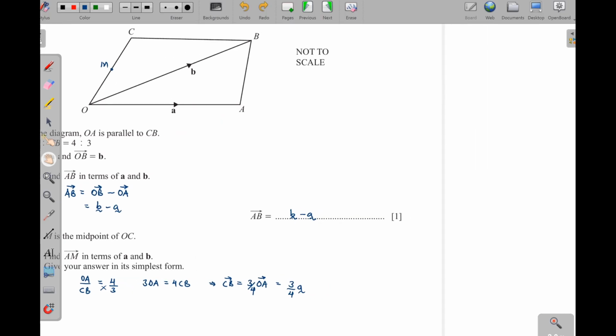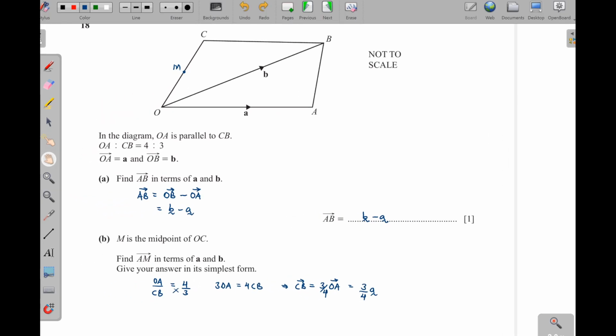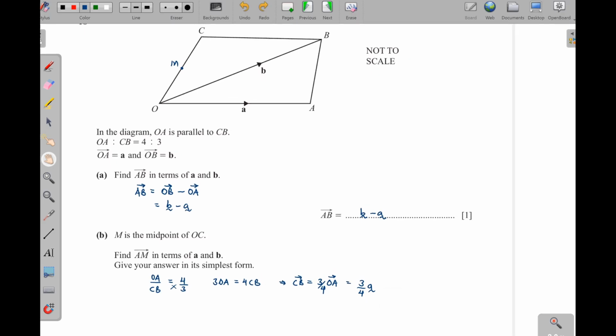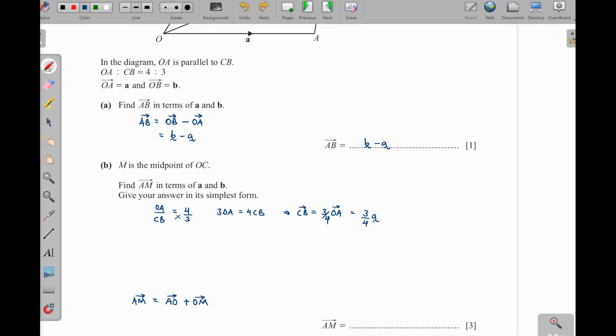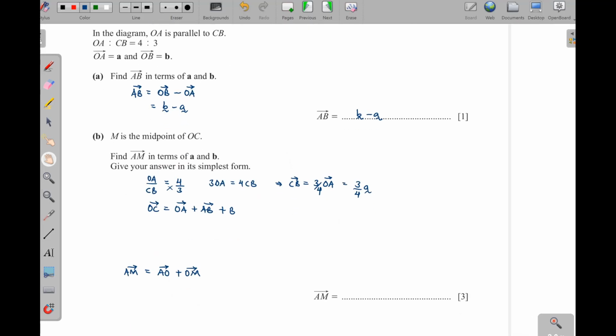So we have found this one here. We also have our AB. Now, we need OC. OC shall be OA plus AB plus BC.